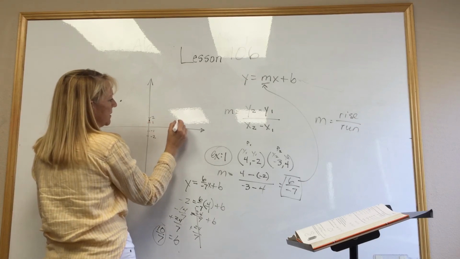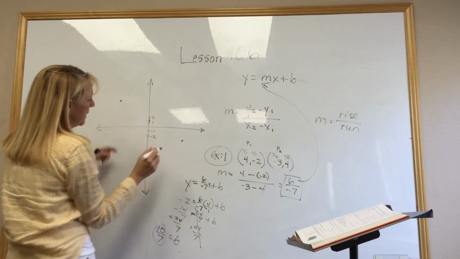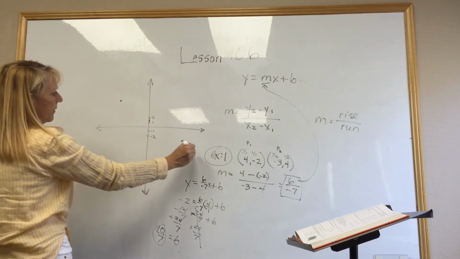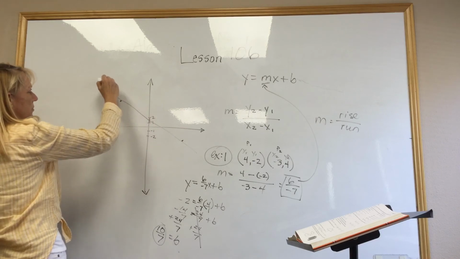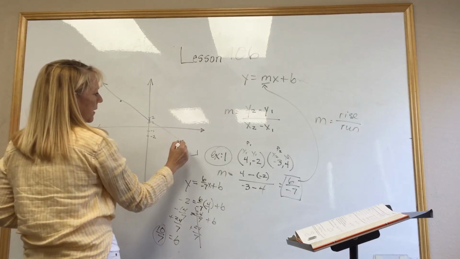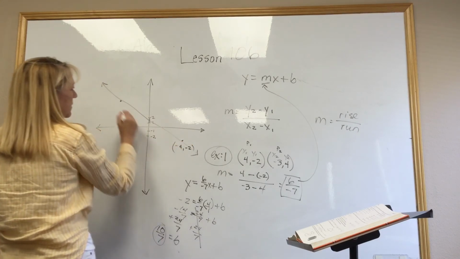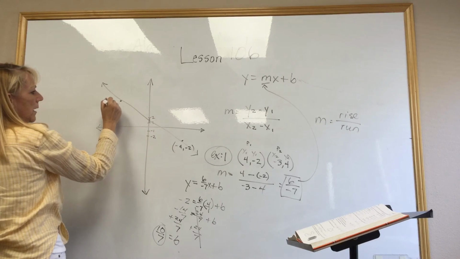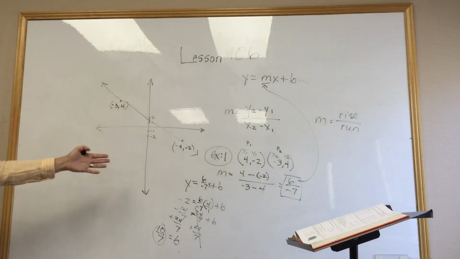And I see that I have a line here that I can run through all of these to graph it. And this will end up being 4, -2. And this will end up being -3, 4. And that is how you graph and solve.